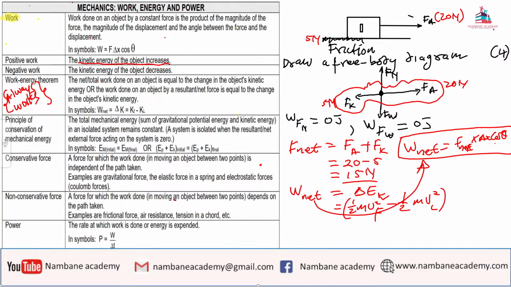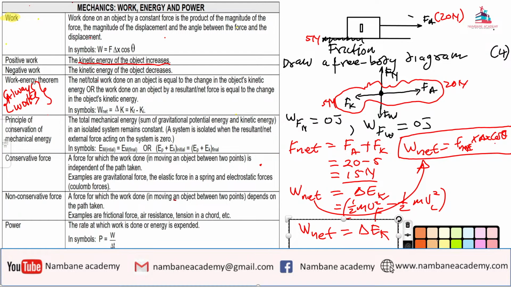Use work energy theorem. So what are we expecting? W net is equal to change in EK. This must be your first point of reference when working with work, energy and power. It will be given in your formula sheet.